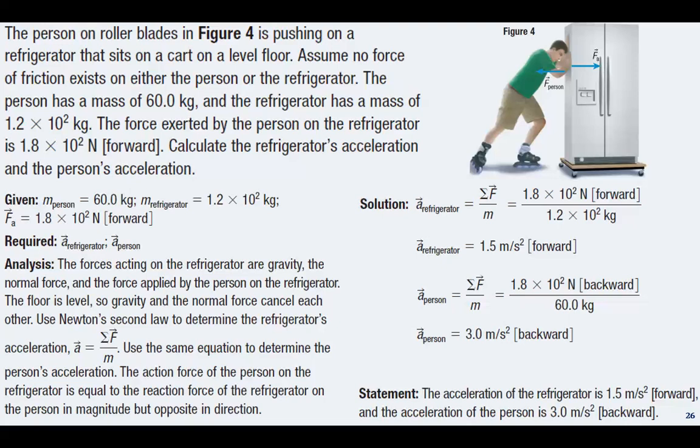Okay, so we can make the final statement. The acceleration of the refrigerator is 1.5 meters per square second with direction forward, and the acceleration of the person is 3 meters per square second with direction backward.